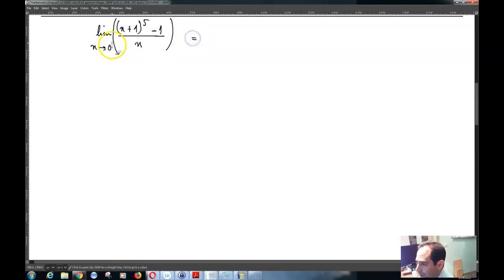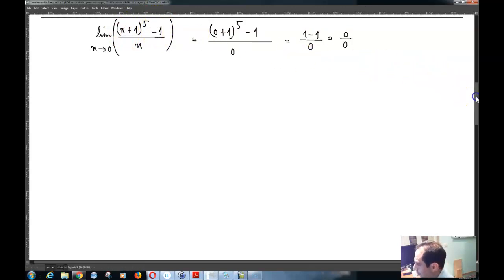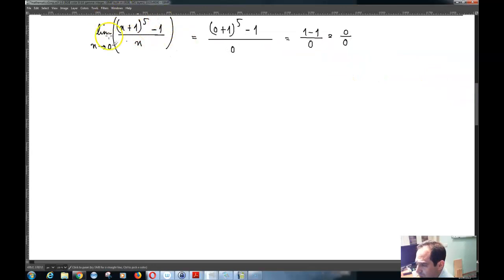So you will have 0 plus 1 all raised to the power 5 minus 1 over 0, which is equal to 1 minus 1 over 0, which is equal to 0 over 0. So 0 over 0, that means that we could probably somehow take an x out from the numerator.